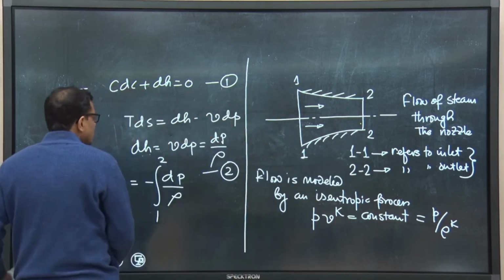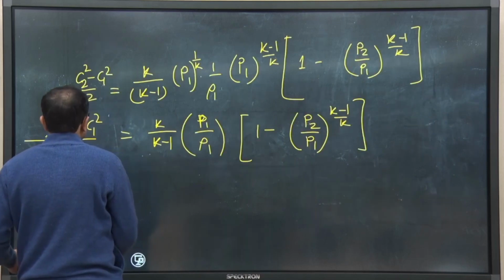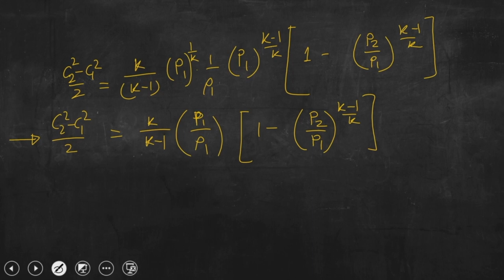So, from this order of magnitude analysis, we can write, sorry, C1 is much less than C2. Velocity at section 1 is an order lesser than the velocity of steam at section 2.